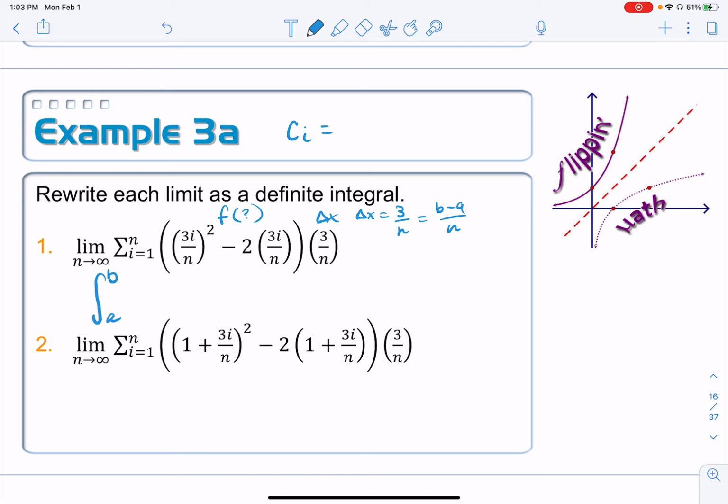That's equal to, if your partition is regular, your starting value, a, and then you're going to start adding in multiples of the width. So that's i times your delta x.